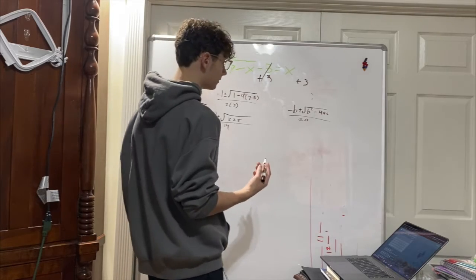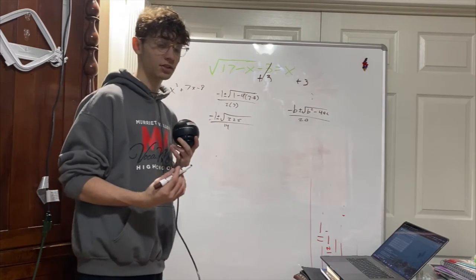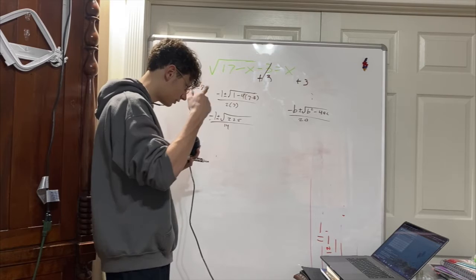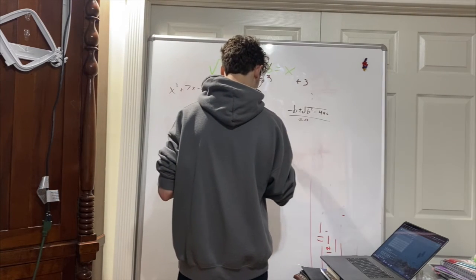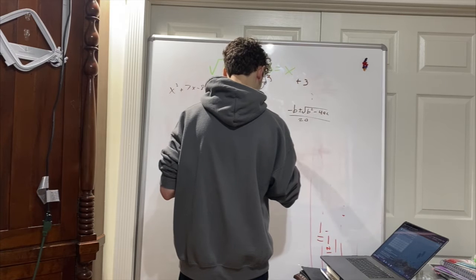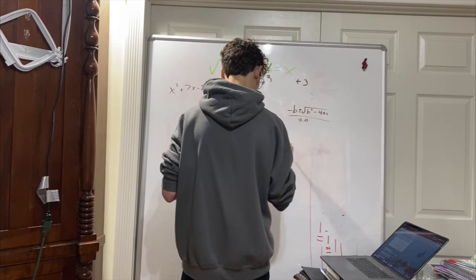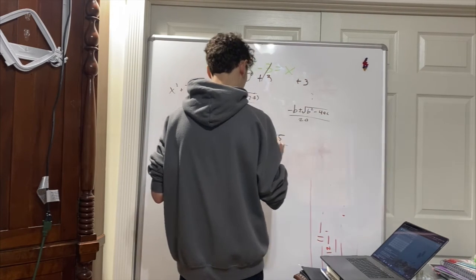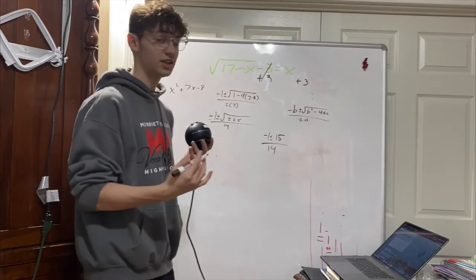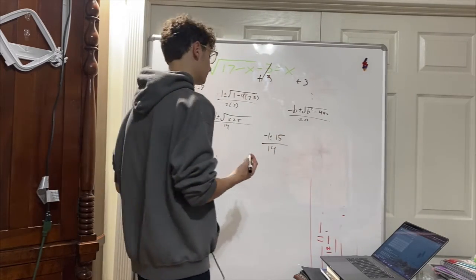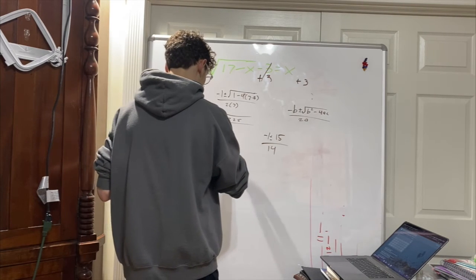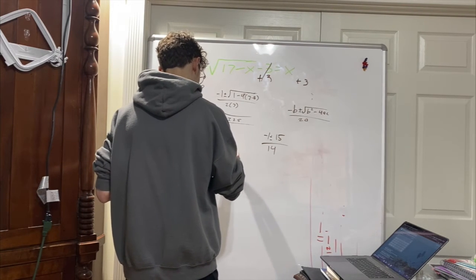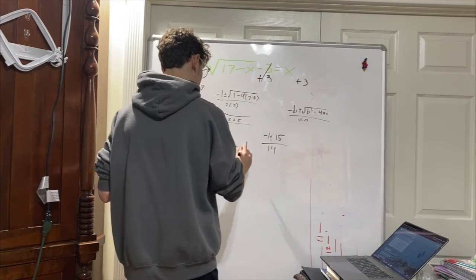The square root of 225 is a perfect square. You should have that memorized. It is 15, so negative 1 plus or minus 15 over 14. Negative 1 plus 15 is going to be positive 14 over positive 14. What's 14 over 14? That's right, it's 1.